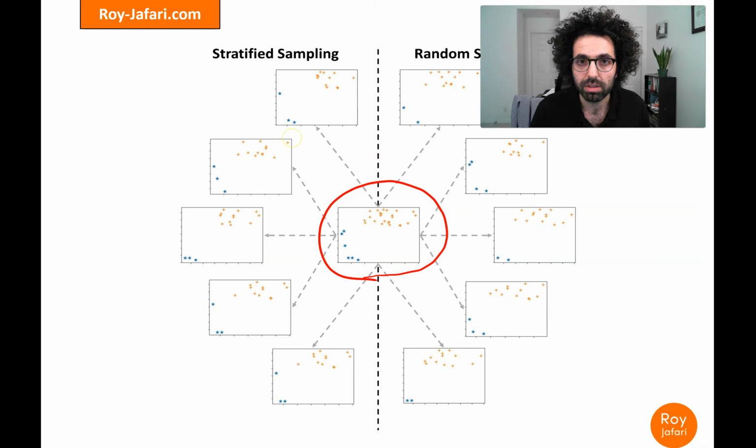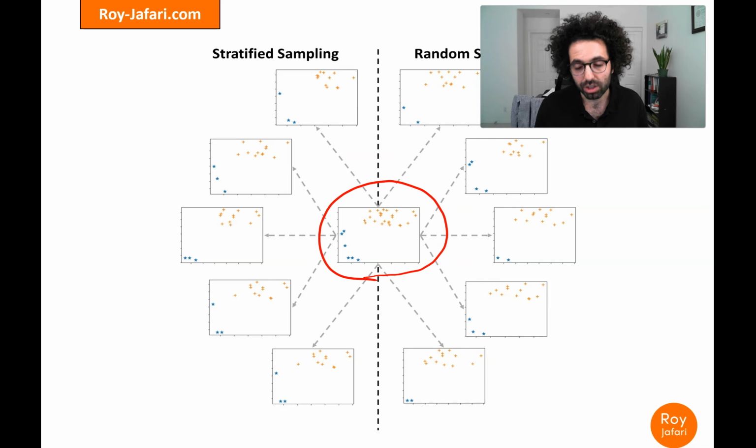But stratified sampling says that it is important for me to have the same ratio between the important subpopulations in my data set. So imagine that being star and being plus is important. So we do stratified sampling to make sure that the ratio between these two subpopulations is the same.